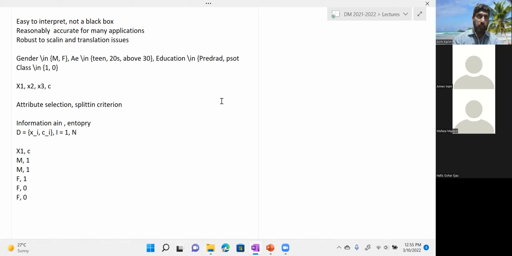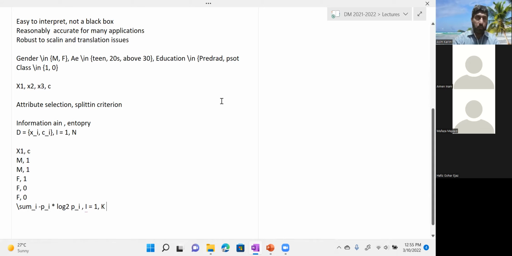So essentially entropy is defined as minus the proportion of the class, summed over all classes, of course, into log, usually log 2, of the same p_i. And of course, we sum over all i, where i is equal to 1 to k, where k is the number of classes.